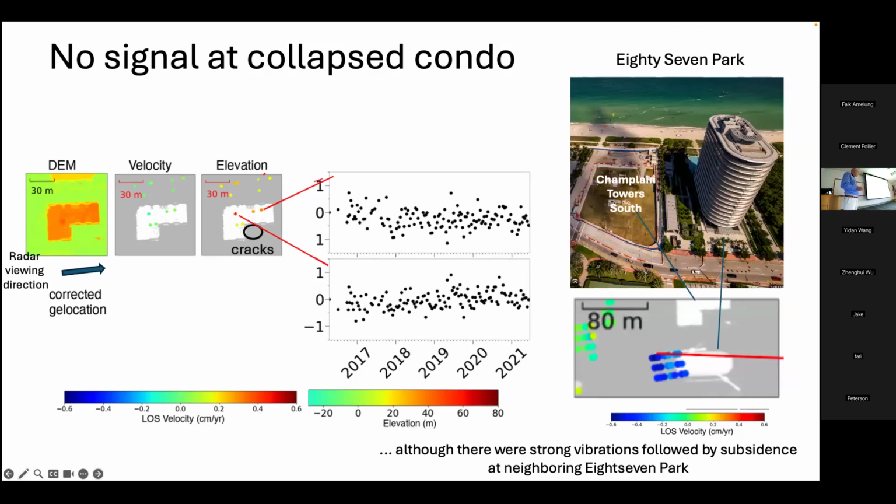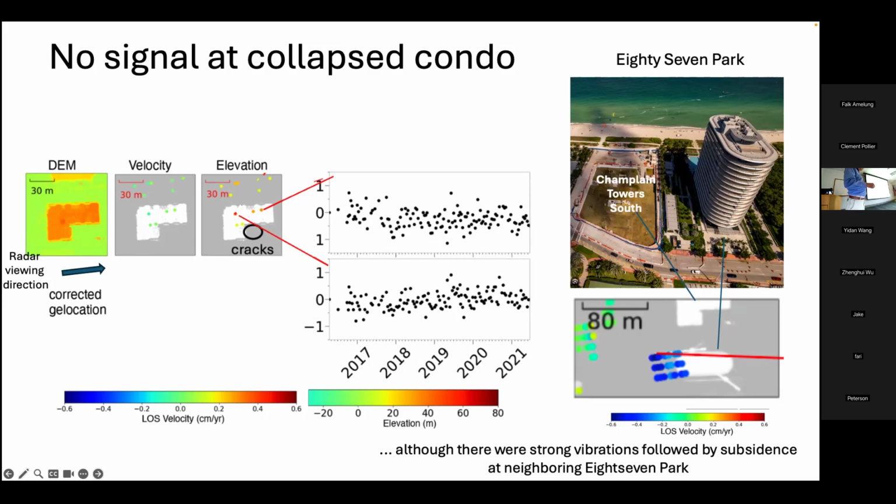Another surprising result is there were heavy vibrations going on for the construction of the 87 Park structure right next to the collapsed structure. We have significant subsidence, as I showed before, of this couple of 0.35 centimeters.